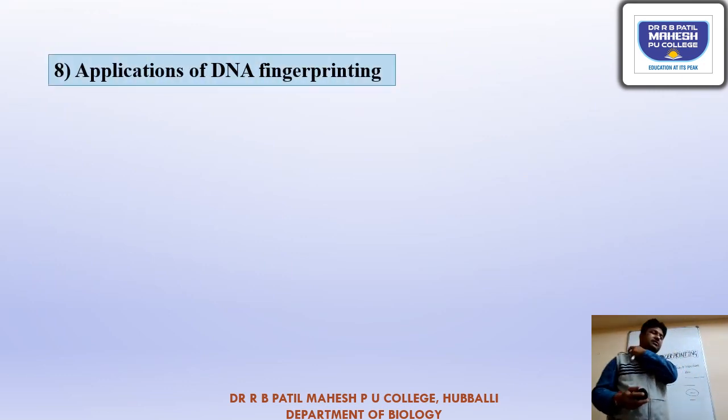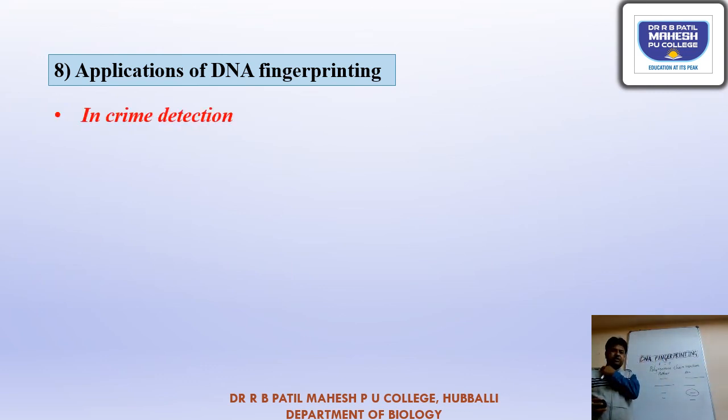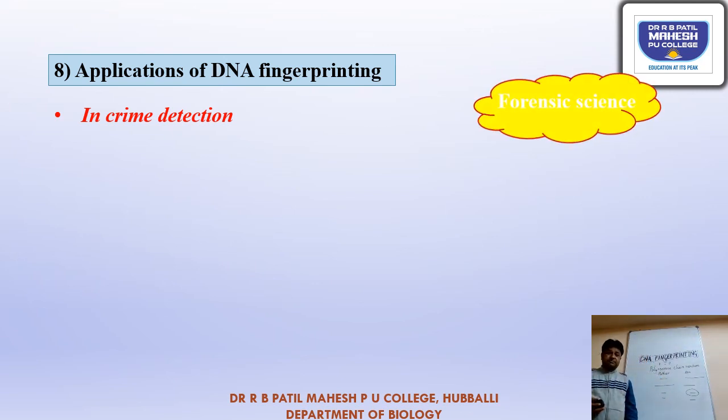Next, come back to the applications. The last part, the applications of DNA fingerprinting. The first one helps in crime detection. To identify the criminals, DNA fingerprinting is done. This is forensic science.